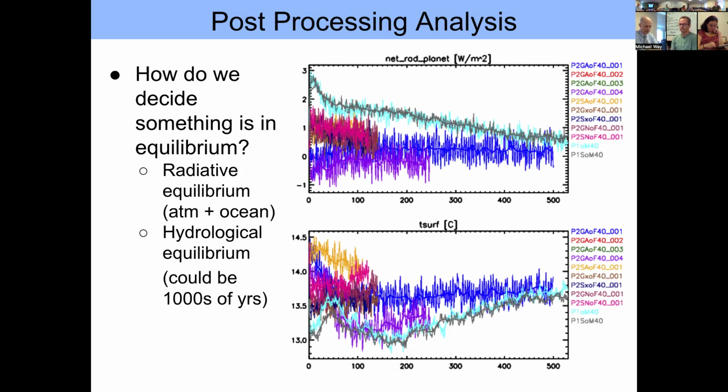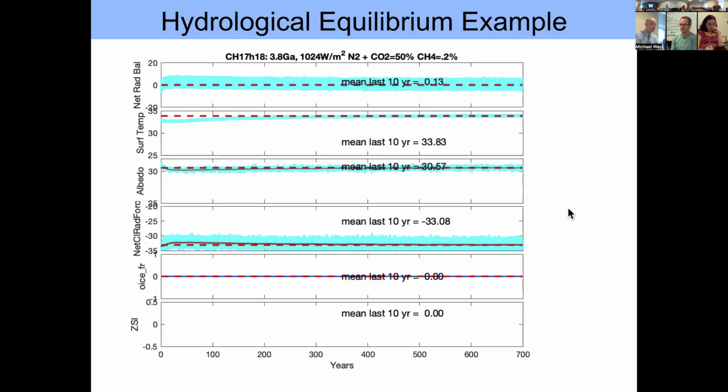Whereas the blue line has some variation through time, but it's more or less becoming stable by around 500 years. The yellow and the red lines are still moving quite a bit, so they're not in equilibrium yet. These are important considerations when you're running the model forward in time.